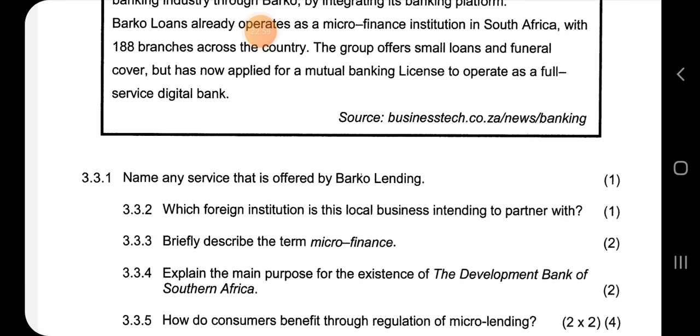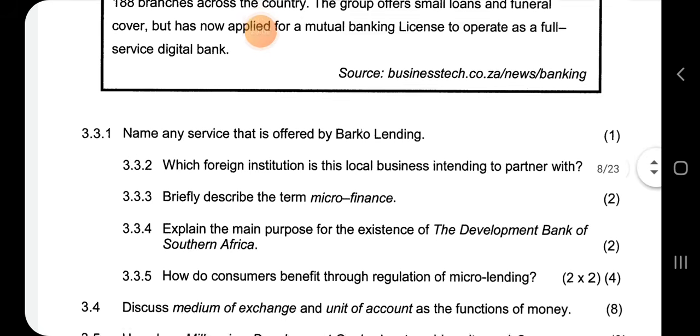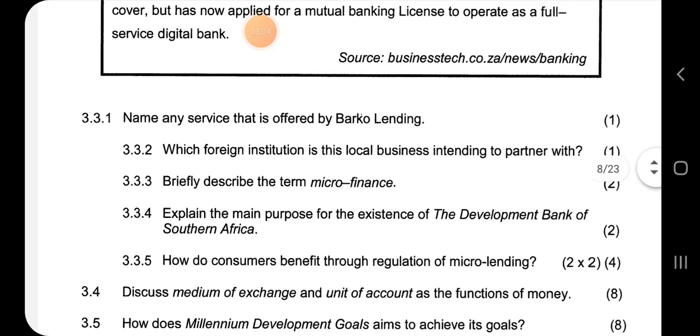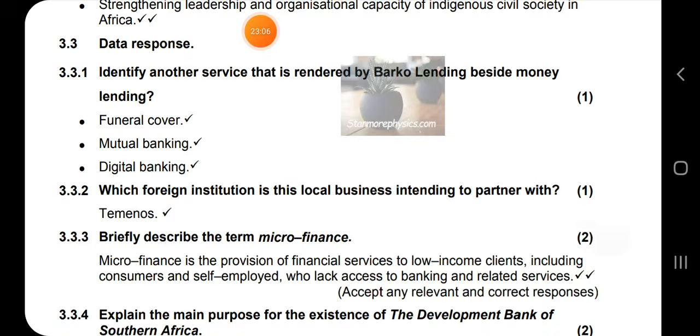Briefly describe the term microfinance. Okay, in the memo, you see, 3.3.2 is supposed to be 3.3.1, and I don't know what happened there. The services are funeral cover, mutual banking, and digital banking.